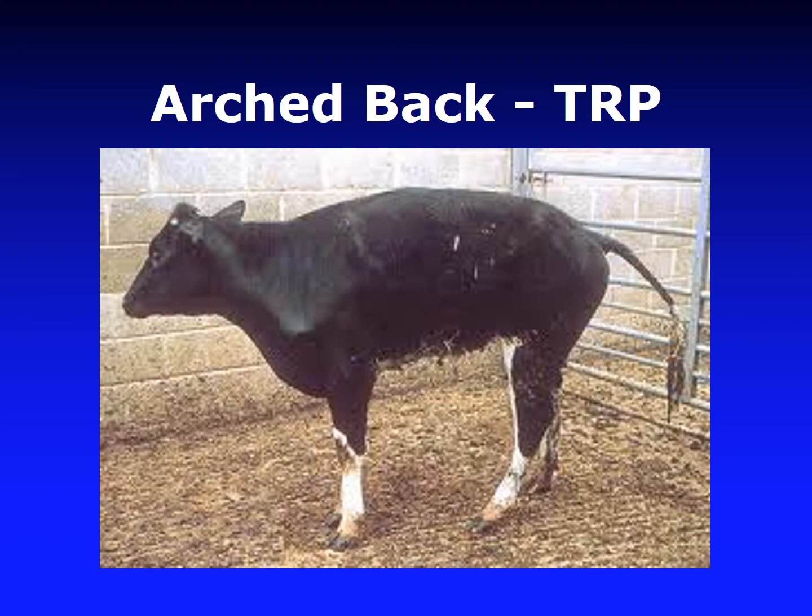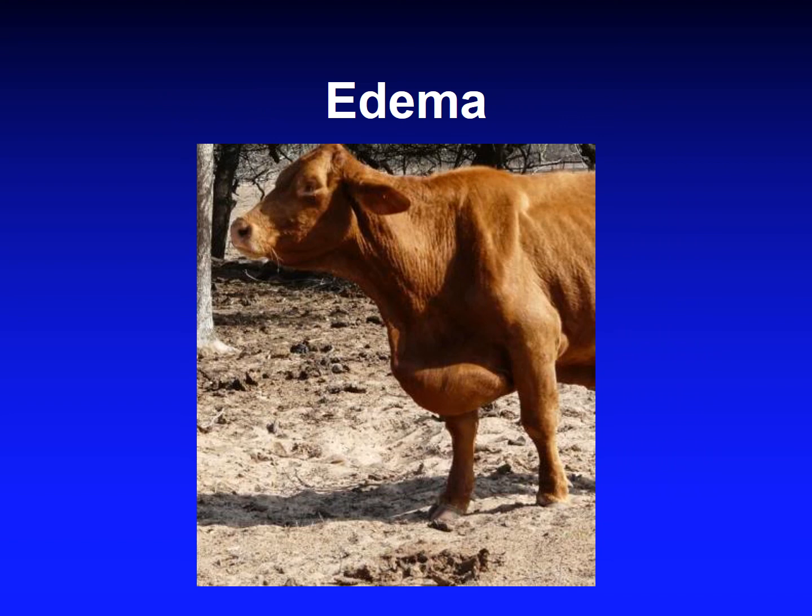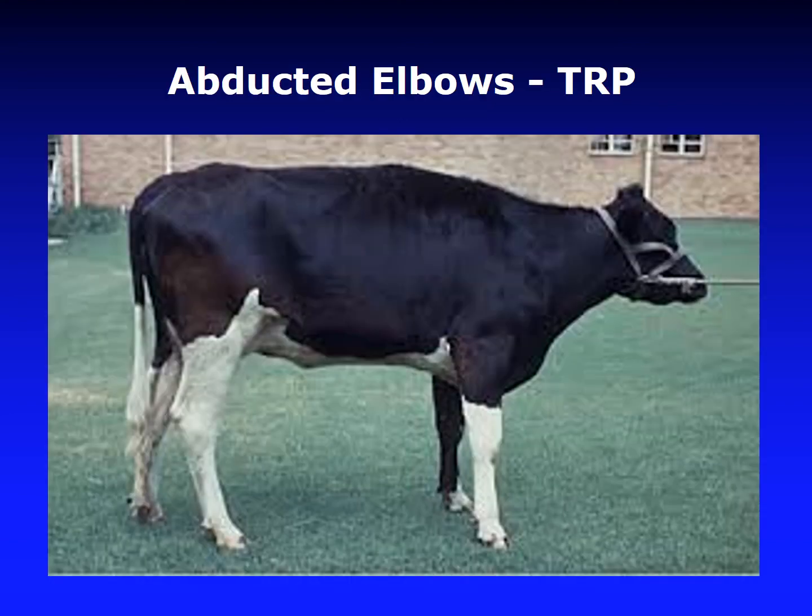In addition to that, you have loss of fluids, which will cause edema. This is edema, accumulation of fluids subcutaneously underneath the skin. There's a lot of fluids. In addition to that, you have abducted elbows.